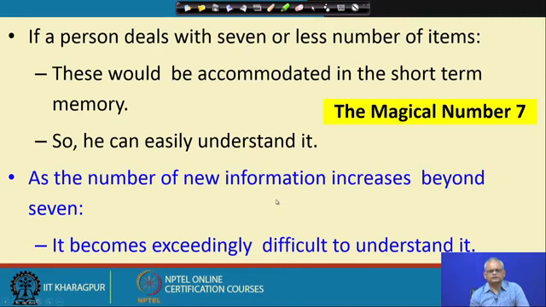If it has, let us say, 15 items, to understand and remember you take exponential time compared to if there are 5 items. If there are 100 items, then it becomes really difficult.